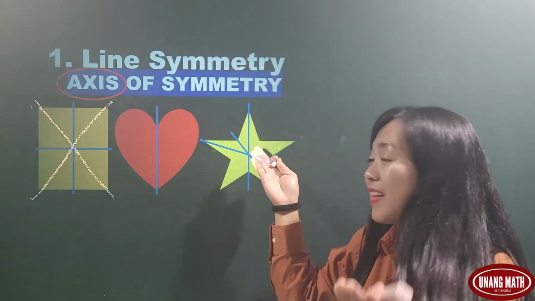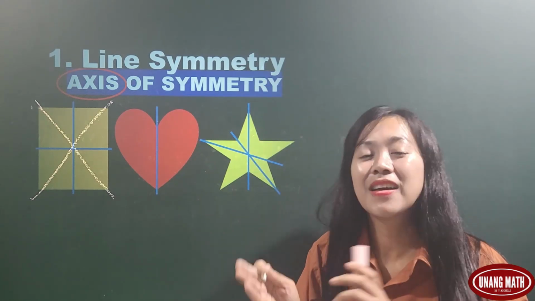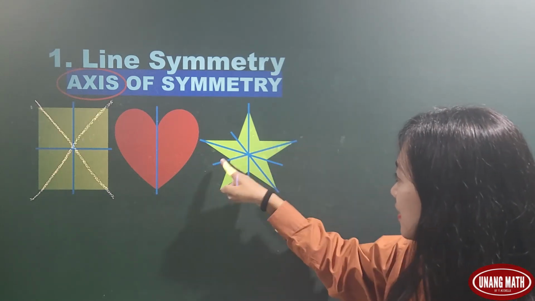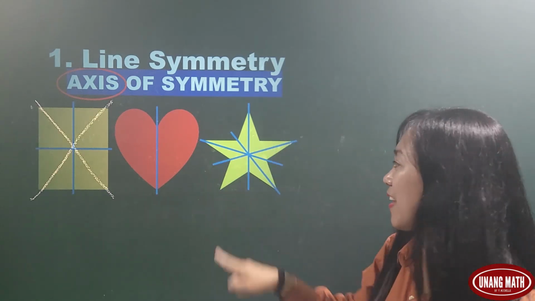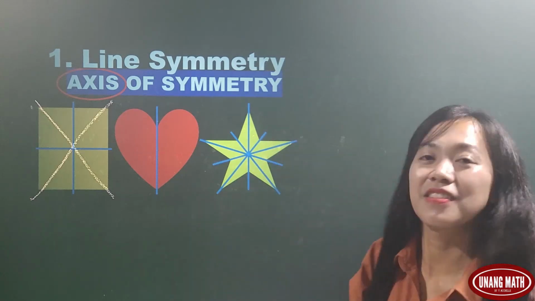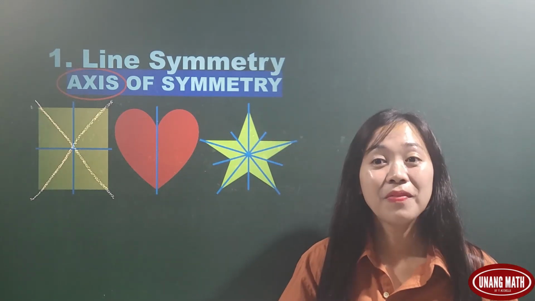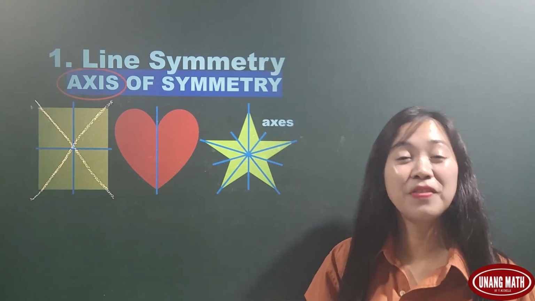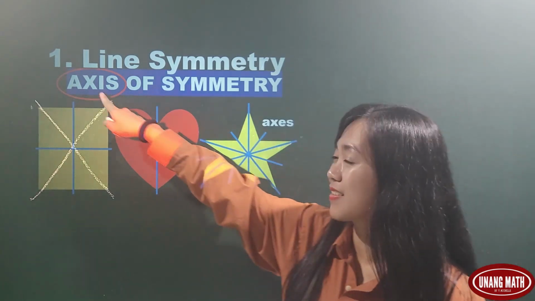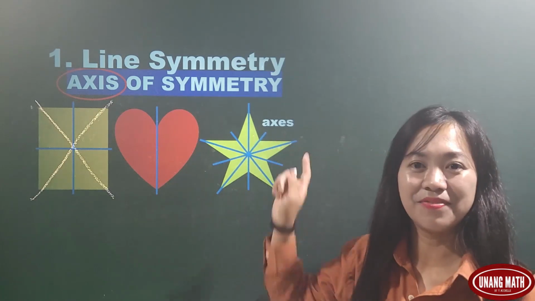Kapag finold mo yan, it's exactly the same size and shape. Okay, another axis of symmetry ay ang line na ito. And then, another axis of symmetry. So, ang star ay may limang axis of symmetry. Ang plural ng axis ay axes.